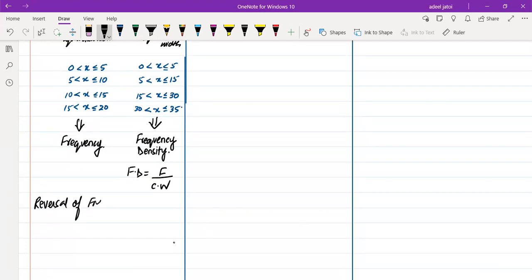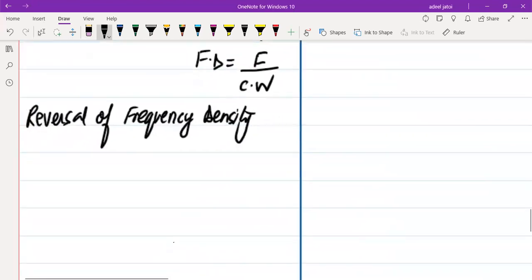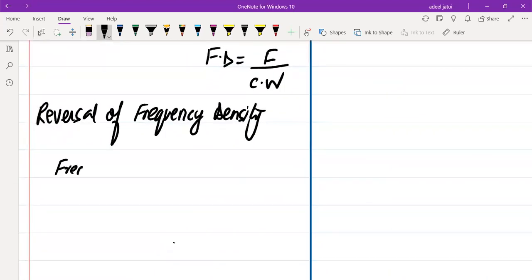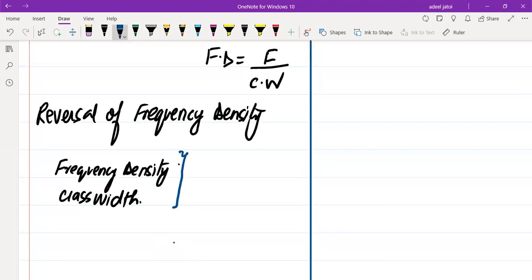In this case, what you need to understand is that you will be given frequency density and you will be given class width. Now, when I say it will be given, it can be given through a diagram, or a histogram will already be there, and the frequency density will be given through the diagram itself.